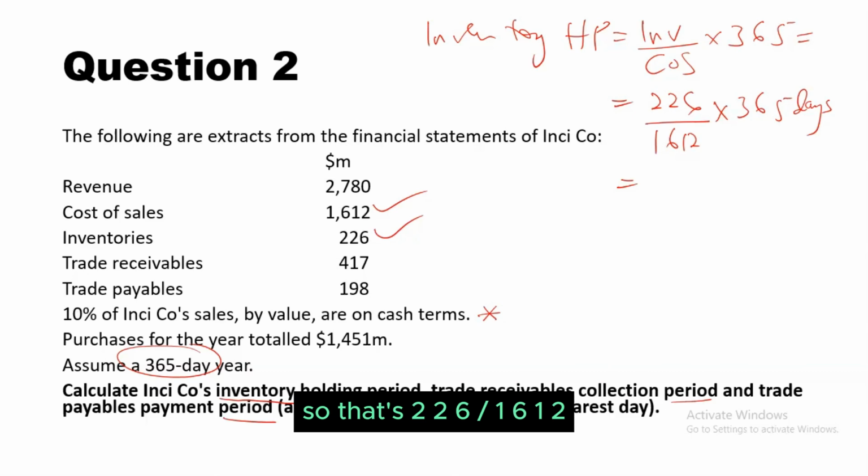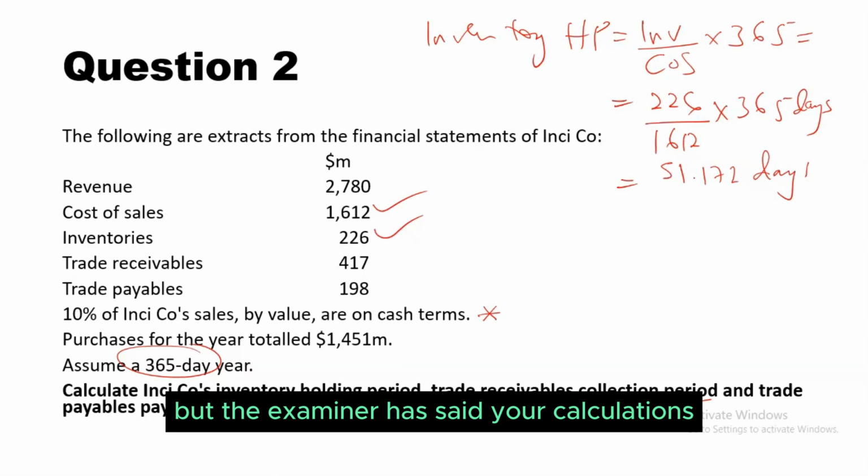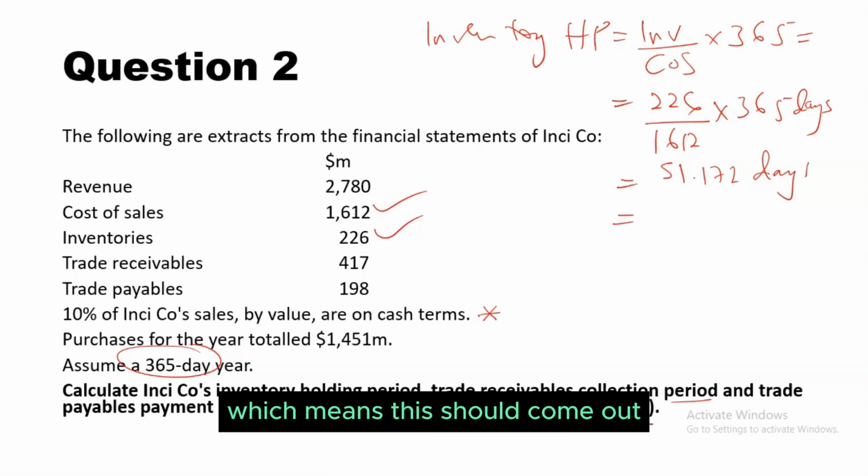So that's 226 divided by 1612 multiplied by 365, we are getting 51.172 days. But the examiner has said your calculation should be to the nearest day, which means this should come down to 51 days.